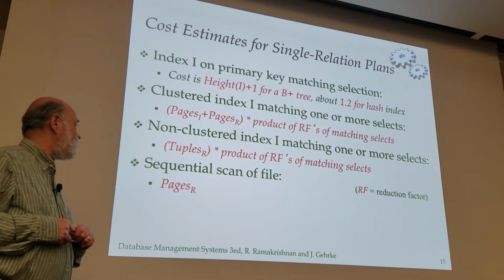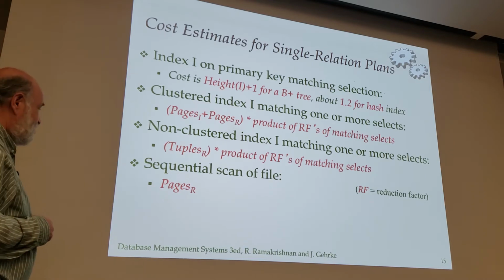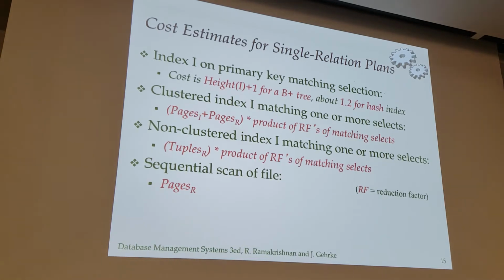Because again, I'm going to have to scan through every one of the tuples to see how things end up. Again, I can play games with the sorting versus having to see what ends up being involved in doing it.